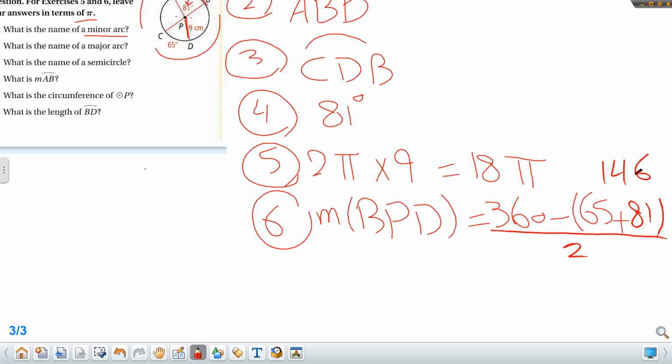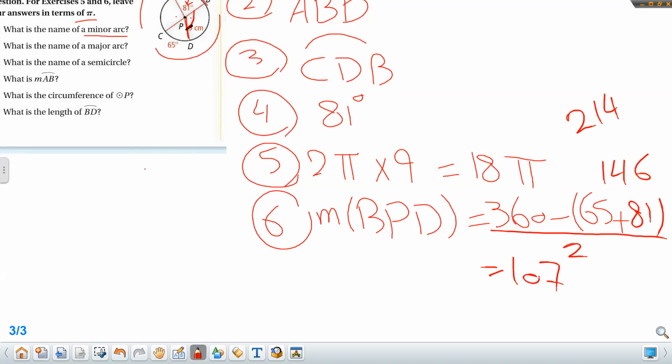Subtract: 360 minus 146 is 214, divided by 2 to be 107. This measure of angle BPD is 107.